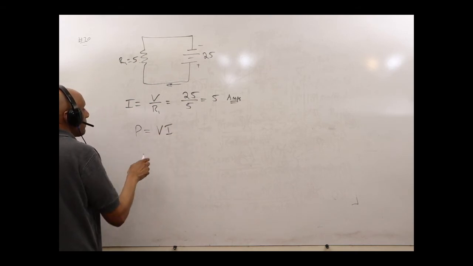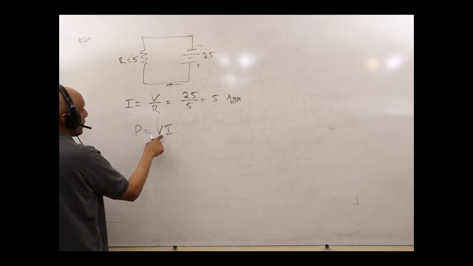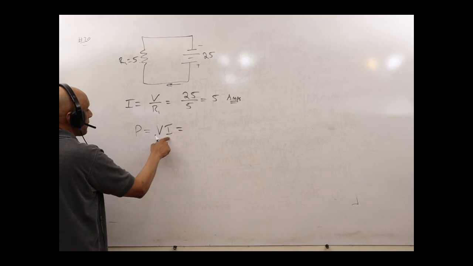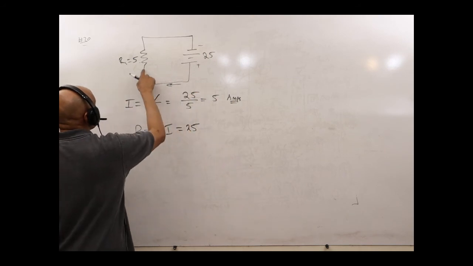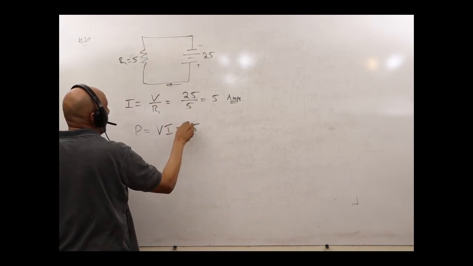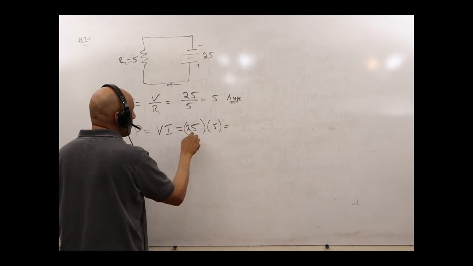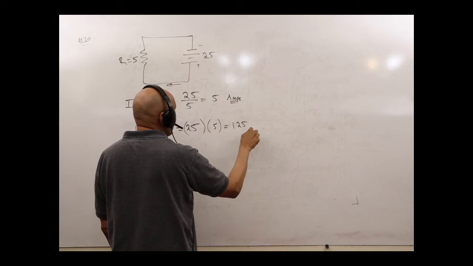Remember, we could use current is equal to V over R, and then say it's V squared over R, which I'm not going to. I'm just going to make sure that you understand it's voltage times current. So the voltage is 25 volts being dropped across this resistor, times a current of 5 amps. In this case, we'll get 125 watts.